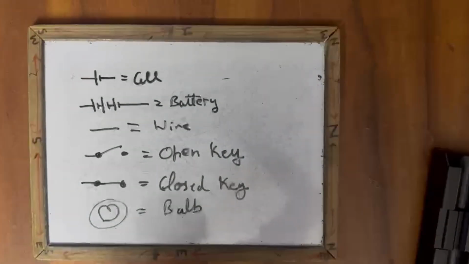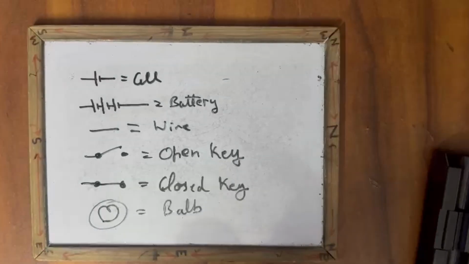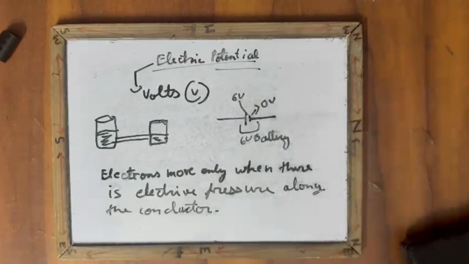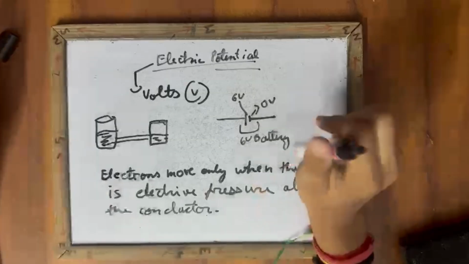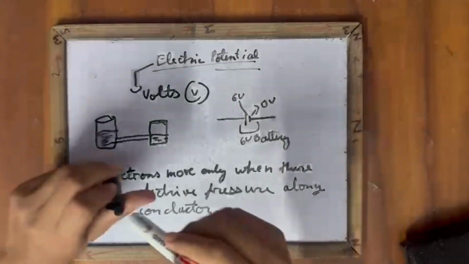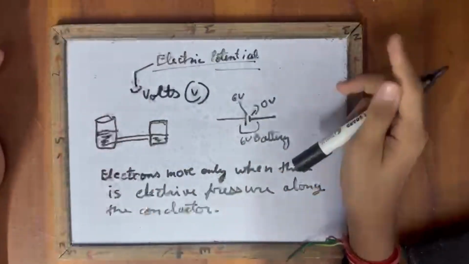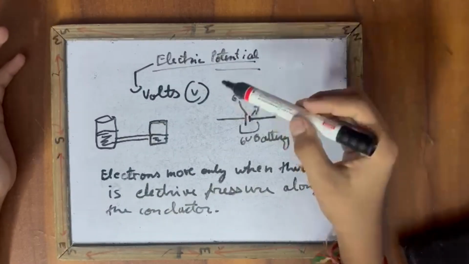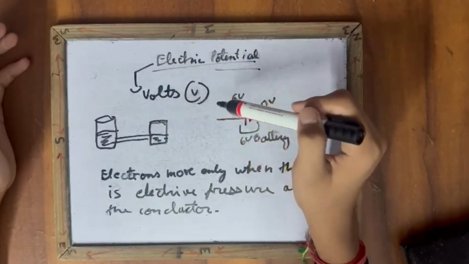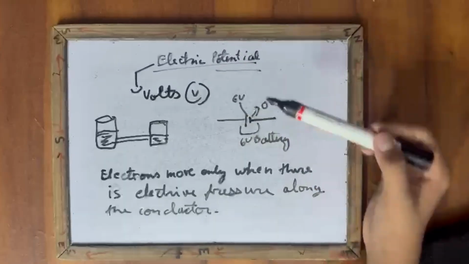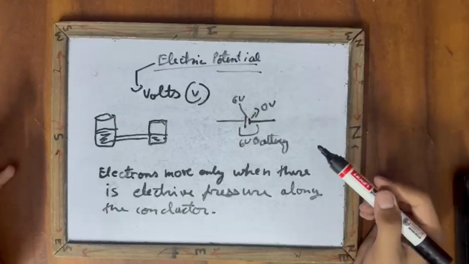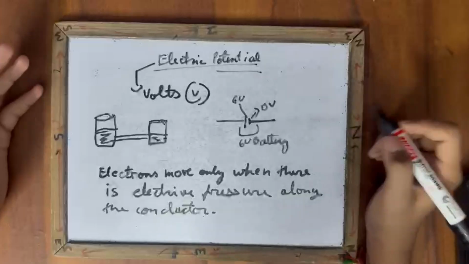Okay, now let's study about electric potential or potential difference. I have written everything about electric potential, now I will explain it. Electric potential is measured in the unit volts, and the symbol for it is V. Let me explain what electric potential means with an example.